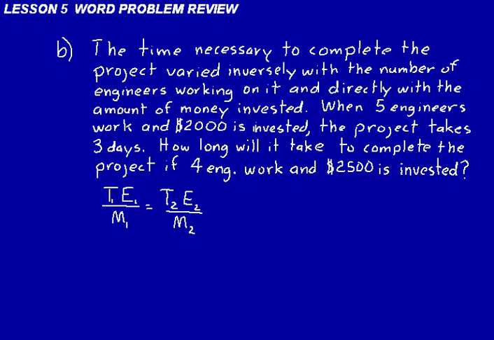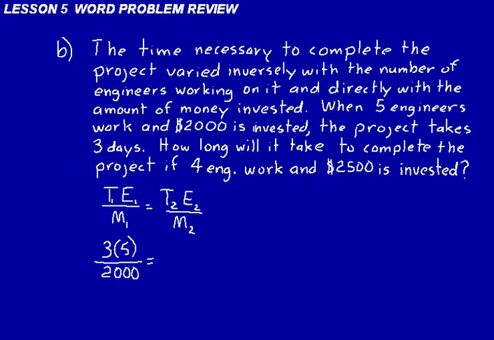Now, let's just think about it. We've come up with a formula here based on what we've observed in this problem, and when 5 engineers work and $2,000 is invested, the project takes 3 days. So those are our initial conditions, and we can just go ahead and substitute in 3 days for time, 5 engineers, over $2,000 for the money.